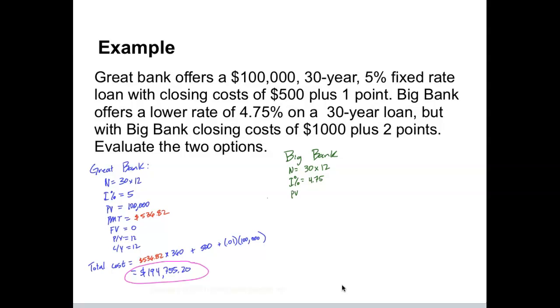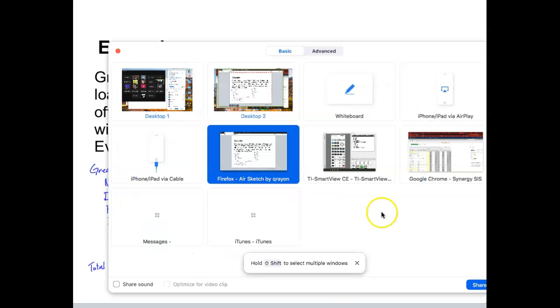Present value, still the same, $100,000. Payment, that's what we'll solve for. Future value, 0. Payments per year, 12. Compounding per year, 12.